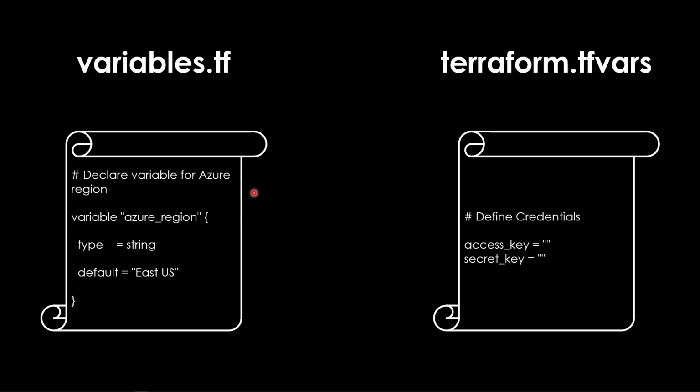For example, suppose you want to define an access key for connecting or provisioning infrastructure to your Azure. You define a variable for the access key over here. So in terraform.tfvars, you can specify the value of the access key and the secret key, which can connect to the variable mentioned in variables.tf.